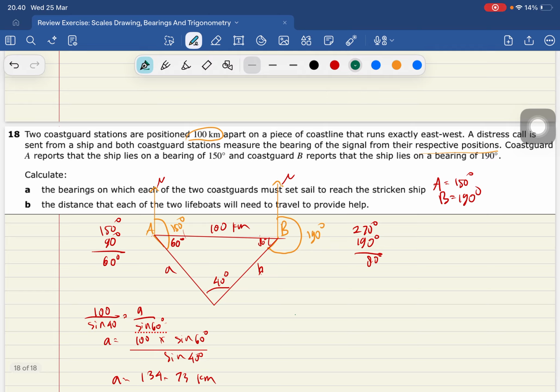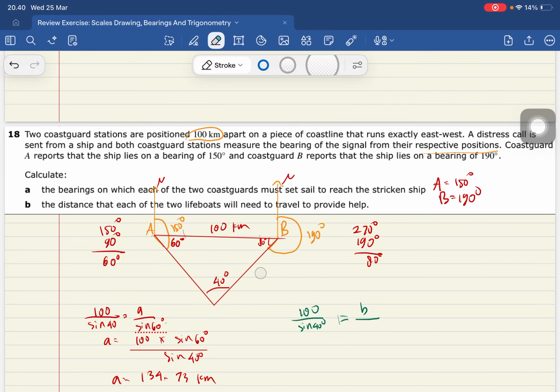How about B? We can find it again the same way. 100 divided by the sin of 40 degrees, opposite of it, equals B. We got confused about the letters.